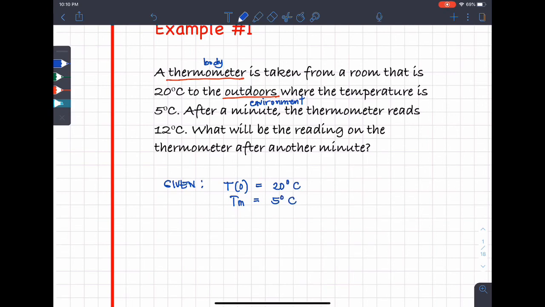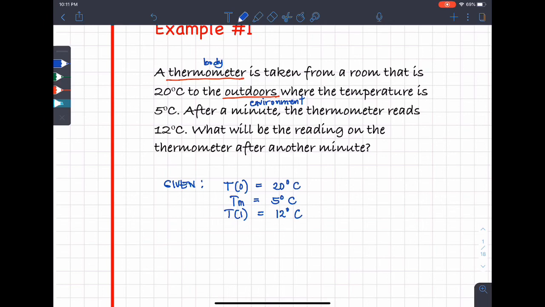It also says that after a minute of placing the thermometer outside, the thermometer reads 12 degrees Celsius. Since the room temperature is higher than the outdoor temperature, we are expecting that once we place the thermometer outside, there will be a decrease in the temperature. And true enough, after a minute, there is already a change to 12 degrees Celsius.